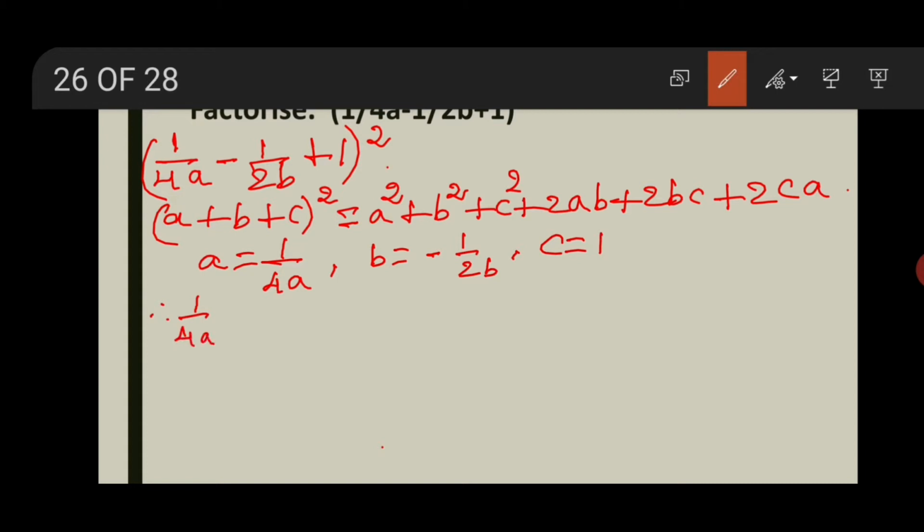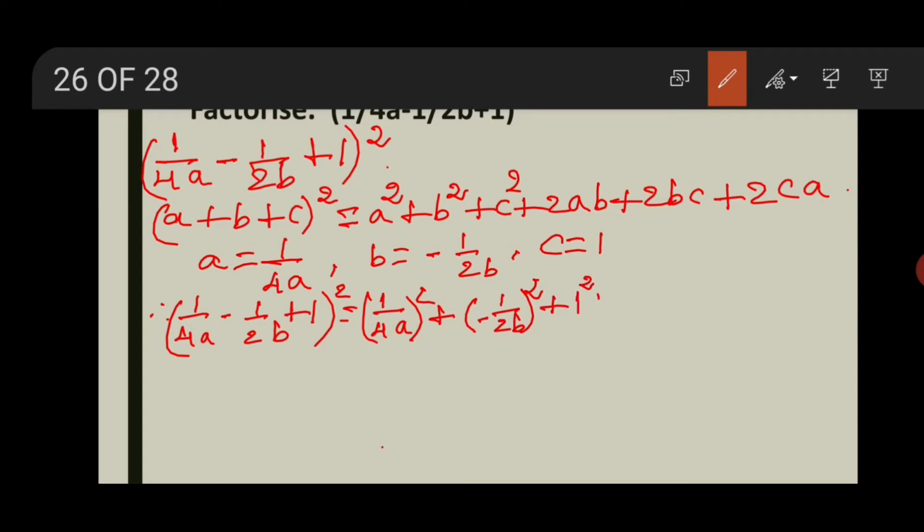Therefore, 1 by 4a minus 1 by 2b plus 1 whole square is equal to a square. What is the value of a? It is 1 by 4a. So it's a square plus value of b is minus 1 by 2b. It's a square plus c value is 1.